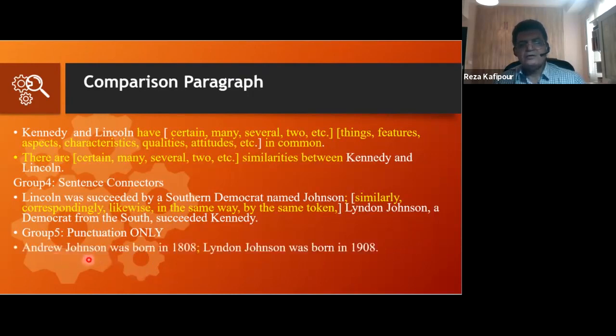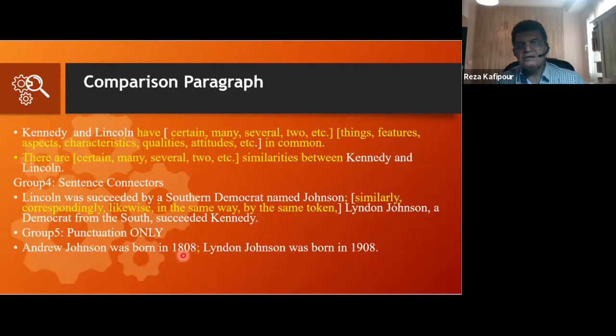Here we said Andrew Johnson was born in 1808. And now we want to say Lyndon Johnson was also born in the same decade. So we use a semicolon. Lyndon Johnson was born in 1908. Based on the sentence, we know that we are comparing these two persons based on similarities.